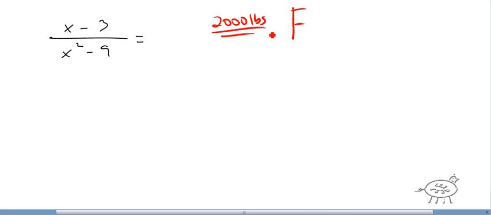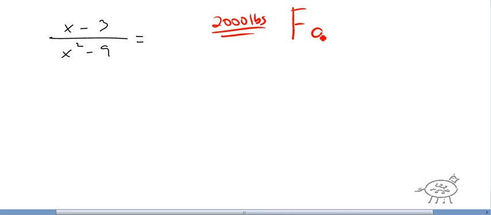x minus 3 over x squared minus 9. Okay, well, I'll tell you, I'm going to write this out in red because it is so important. You have to do a ton of factoring. Okay, that's a ton, if you didn't know that, 2,000 pounds.